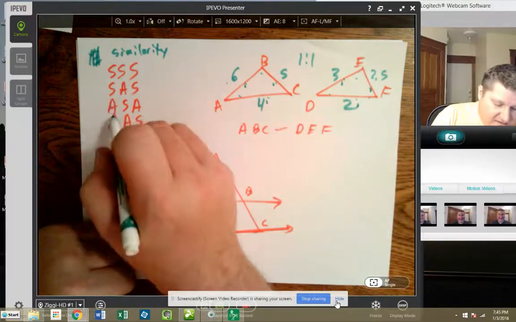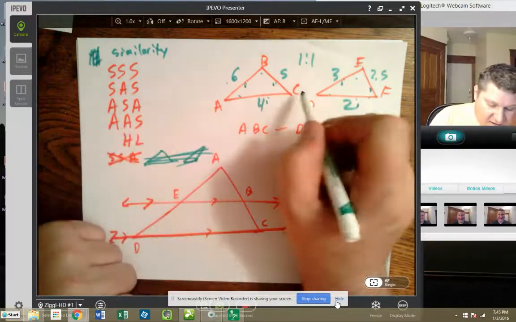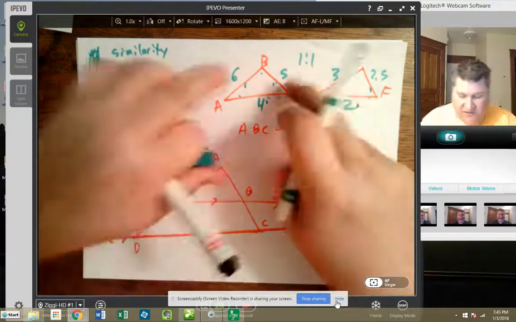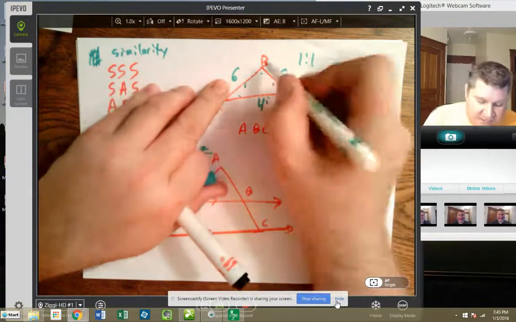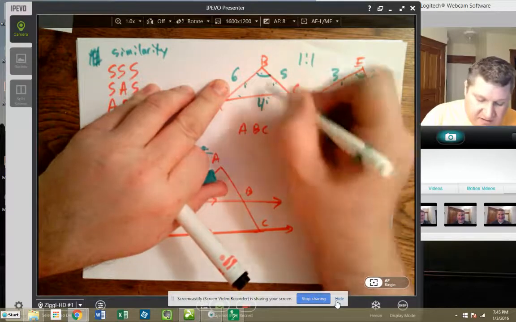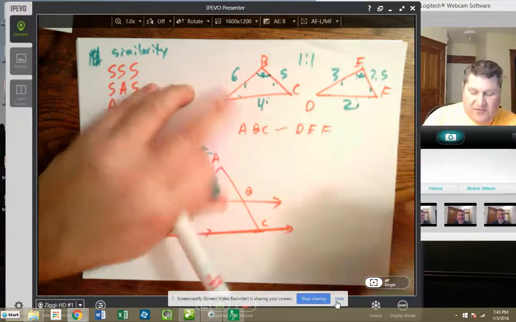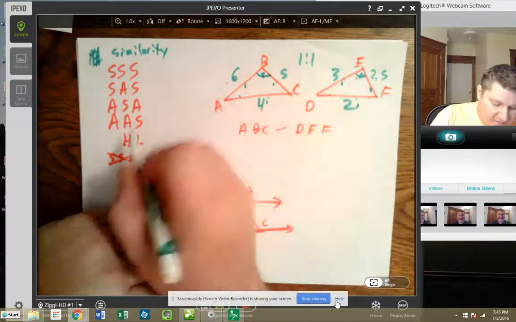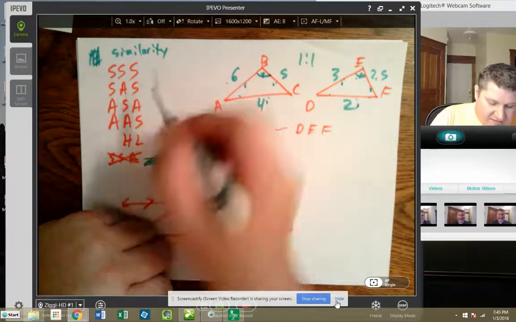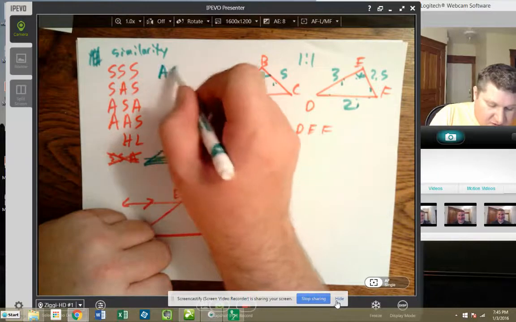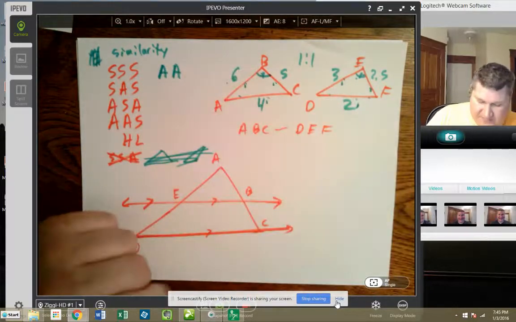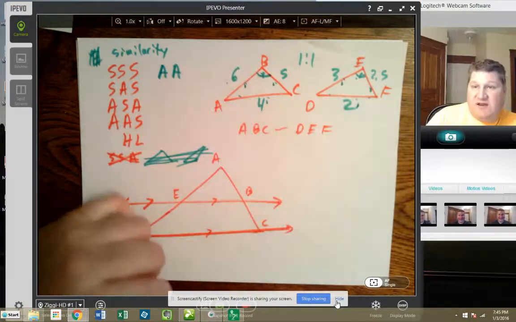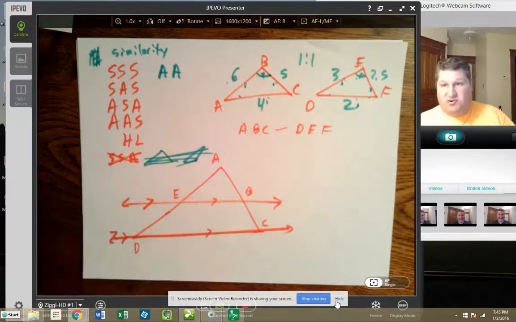Now, in this case, side angle side would also work for us, because if these sides are proportional, but the angle between them is indeed congruent, then that third side is automatically going to be proportional, so that works out. Now, one thing that we didn't talk about that didn't work for congruent was angle angle angle. Angle angle angle would not have been enough to make two triangles congruent.